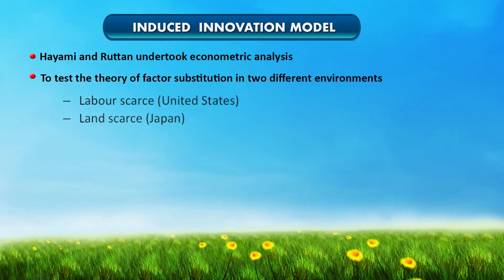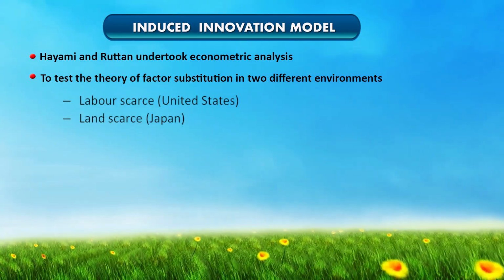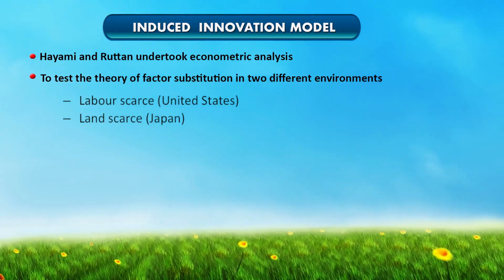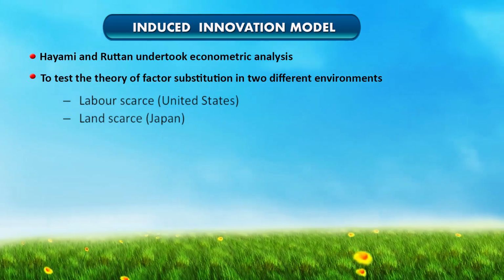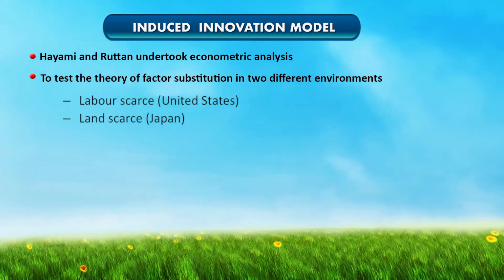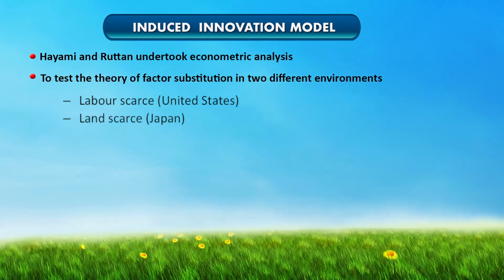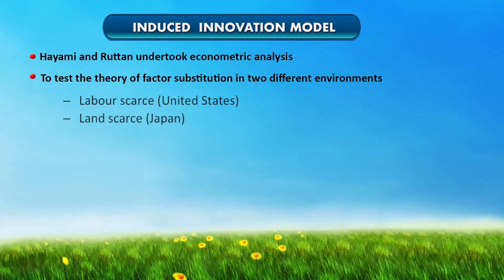Hayami and Ruttan undertook econometric analysis to test the theory of factor substitution in two different environments. One is the labor-scarce situation, which is found in the United States.